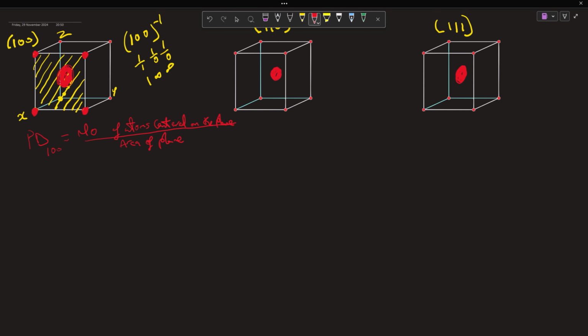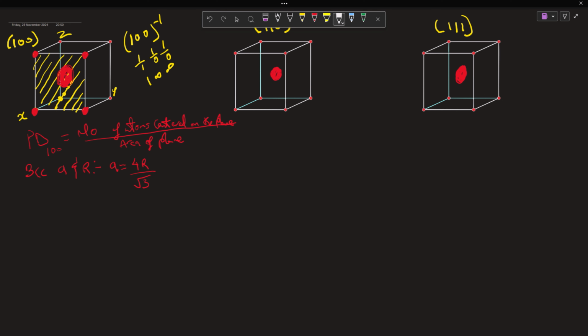And for our BCC structure, the relationship between our a, which is the lattice parameter or lattice constant, and our R, which is the atomic radius, is a equal to 4R over root 3. If you don't know how we derive it, there's a video on my channel, go look for it and you can always catch up with us.